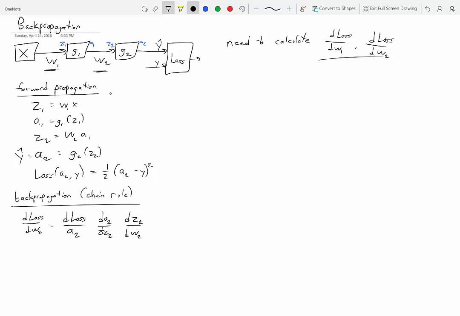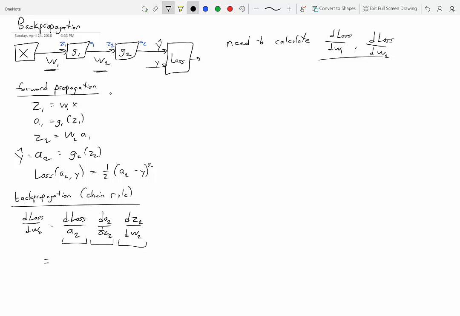But now what we need to do is calculate each of these little gradients. The way that we applied this chain rule was by looking at the equations we wrote in forward propagation and working backwards. My loss was in terms of A2, so I did that. Then I looked at what A2 was defined as: it was defined in terms of Z2, and Z2 was defined in terms of W2. That's why it's working backwards, that's why it's backpropagation.